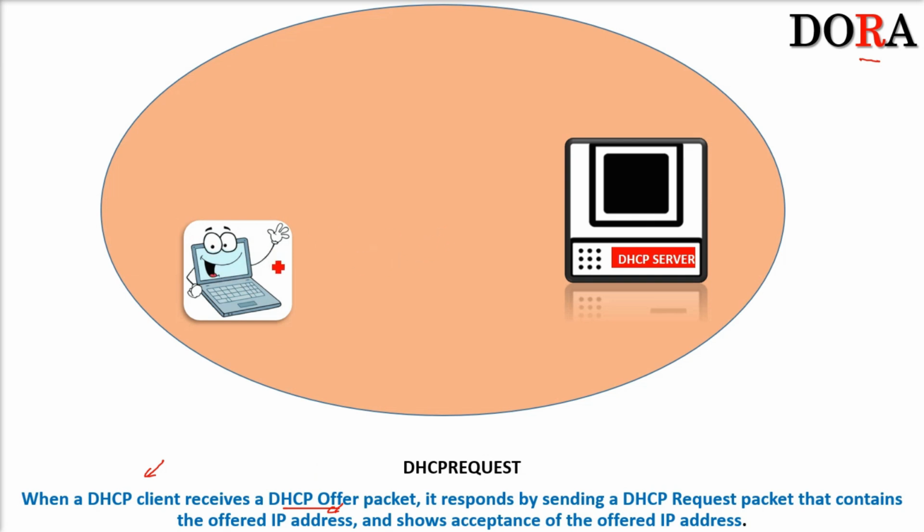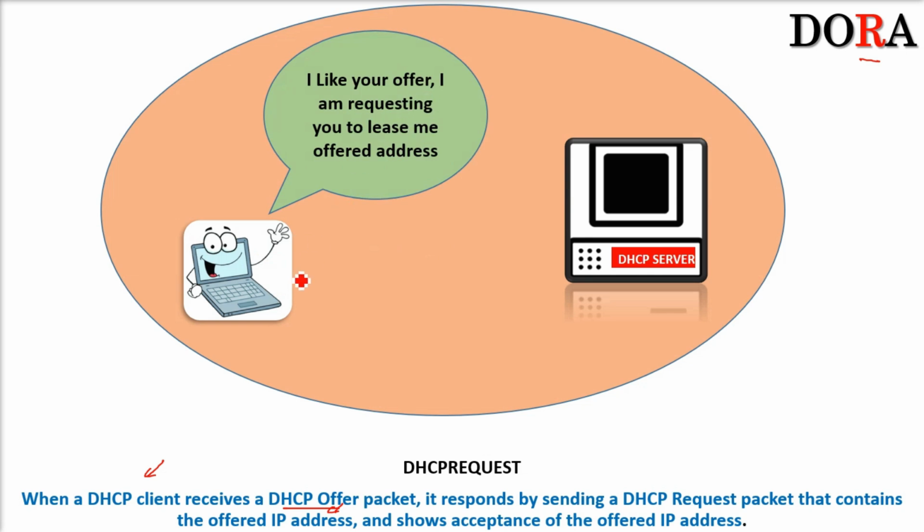The new system says, I like your offer. I want you to lease me these network configuration parameters. Please give me that address. Please remember, the network configuration and IP are provided only as a lease for a certain period of time. This leasing from the DHCP server is not permanent. This is called DHCP request. The client says, I like your offer, please give me this network configuration.